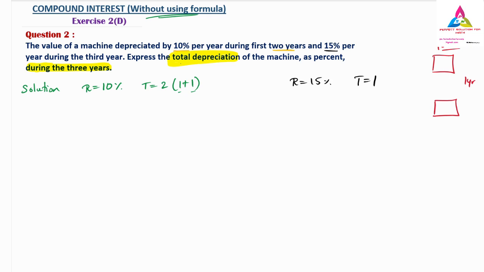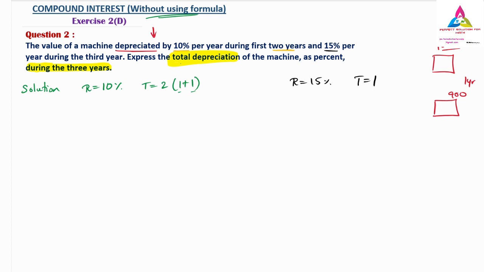It will come down, maybe to 900 rupees. So depreciation means there is a lower value for that machine. When depreciation comes, it is a decrease, not an increase.